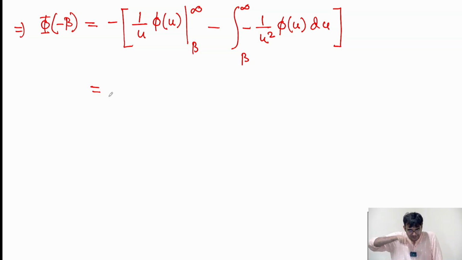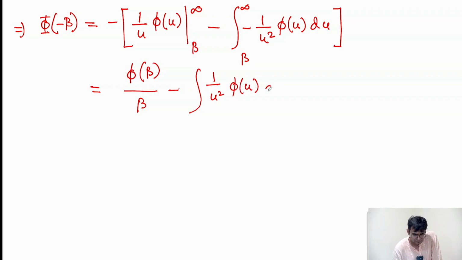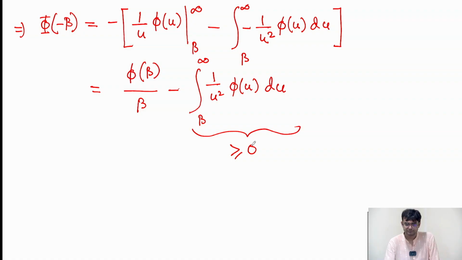If I take the negative signs into account, I can switch the limits. So the first term will give me phi of beta divided by beta, and then minus 1 by u square phi u du, from beta to infinity.